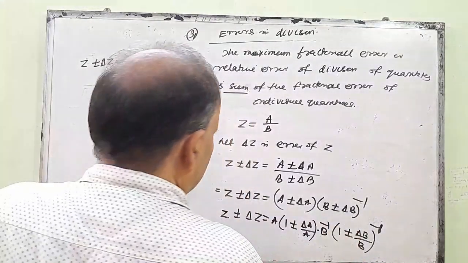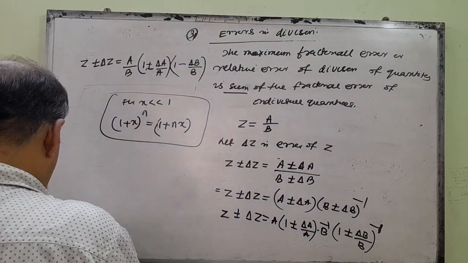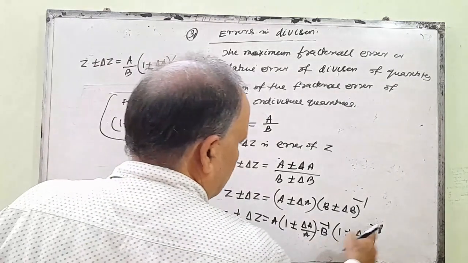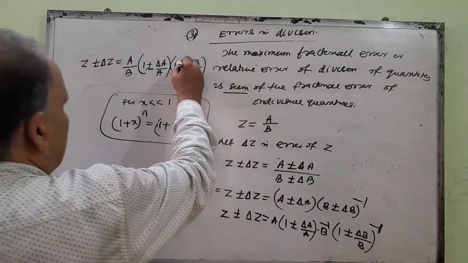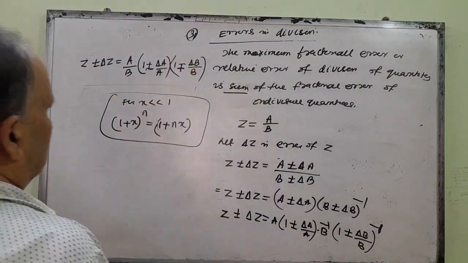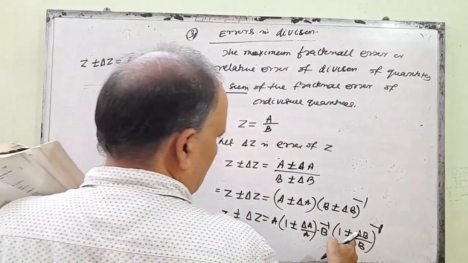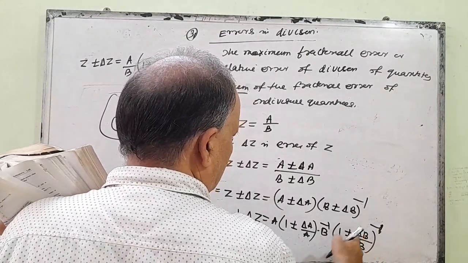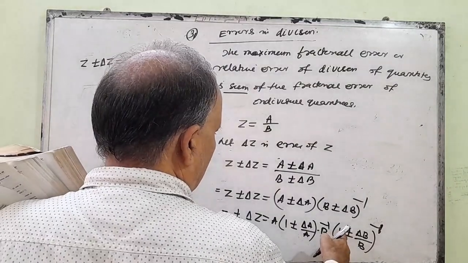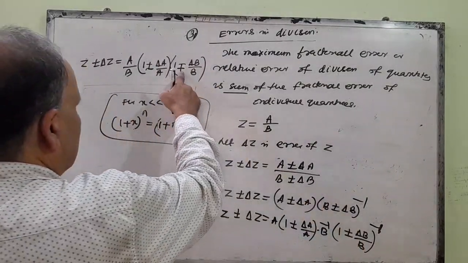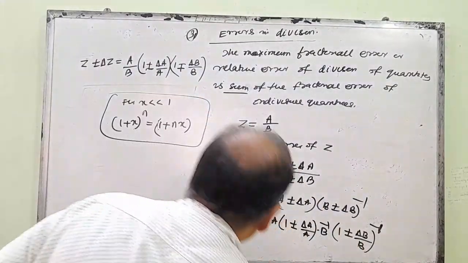I can write the minus come to this side. This is plus minus, and when a minus is multiplied here, this is your minus plus. When n, minus 1, comes to this side, this is plus minus into minus, minus into plus, that is minus, and this is plus.